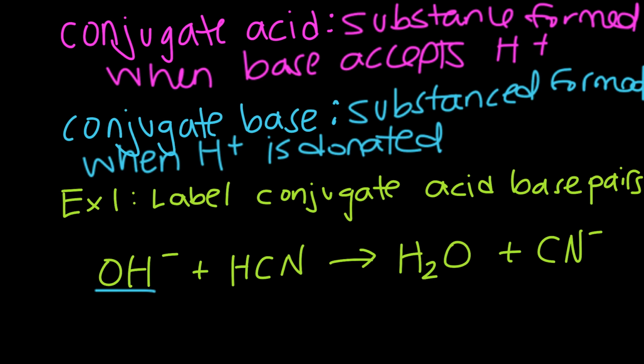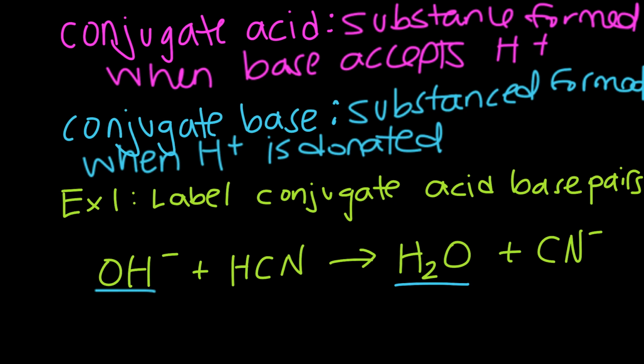Okay, so clearly it can't be the CN minus because it does not even have an OH in it. So it has to be this H2O, right? If you add an H plus to OH minus, you're going to get HOH, or how we normally write it, H2O. So these two, the OH minus and the H2O, will be one conjugate acid base pair.